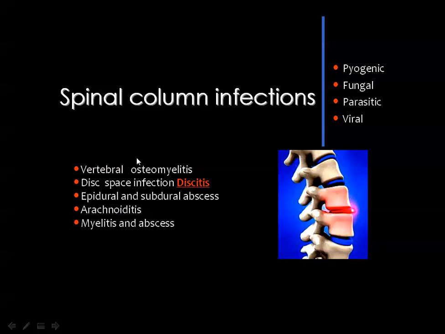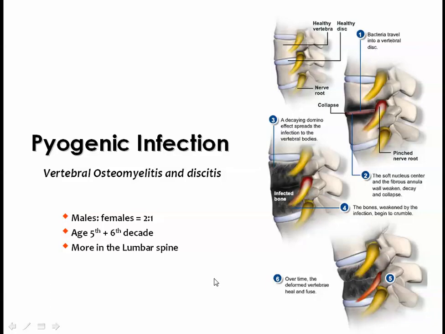And sometimes these two items may lead to the formation of epidural or subdural abscesses, and the abscess may extend inside the substance of the spinal cord, and also it may result in arachnoiditis if it is present in the lumbar region. And these are the sequelae or the changes of pyogenic infection of the vertebral column in the form of vertebral osteomyelitis and discitis.